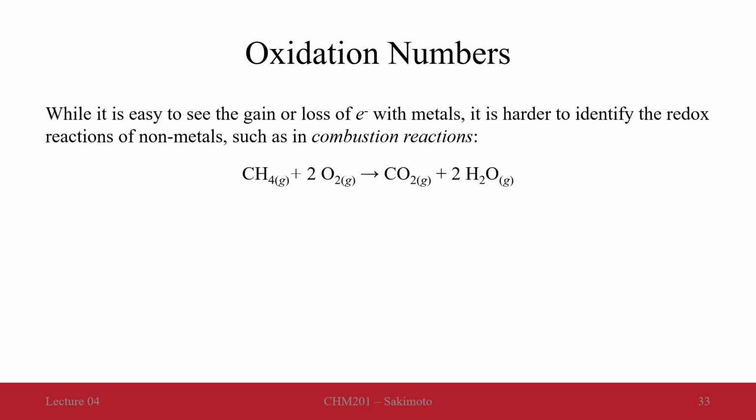Now, usually we can look at the ionic charge of our reactants and products to identify how many electrons are being transferred from one to the other. But metals and cations are not the only things that get oxidized and reduced. In fact, most biology is very subtly involved in the reduction and oxidation of different molecules to generate electricity to produce things like NADH and NADPH.